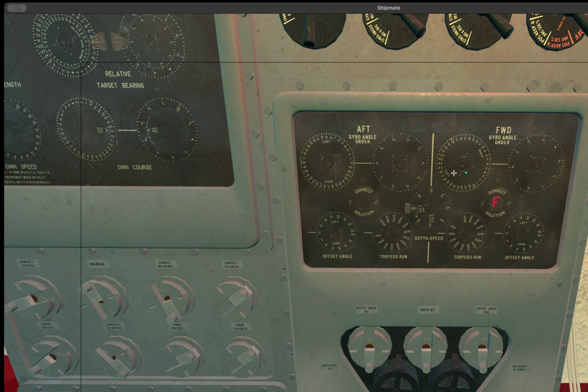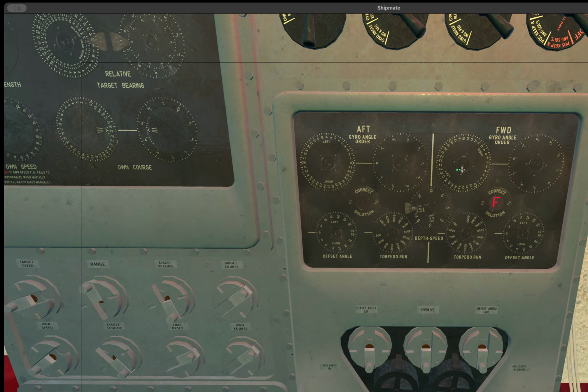Also, we can see that for the forward torpedo tube, right starts from 0. 0, 1, it's right, because the torpedo goes to the right. If we have more than 180, the torpedo goes to the left. And it's opposite for the after group.